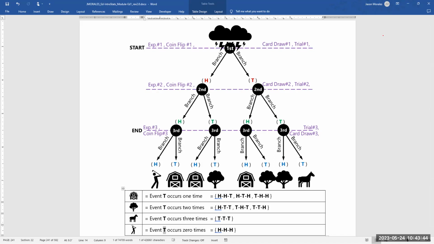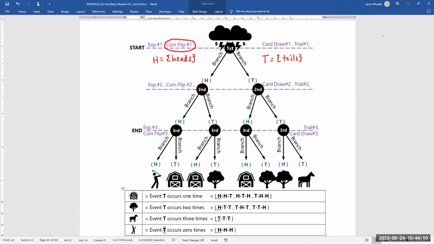And we're going to be looking at flipping a coin, starting with a first coin flip. And so we're going to define event H to be the event of flipping a heads on the coin, and event T to be the event of getting a tails on a coin flip.